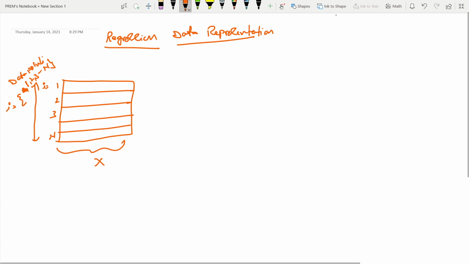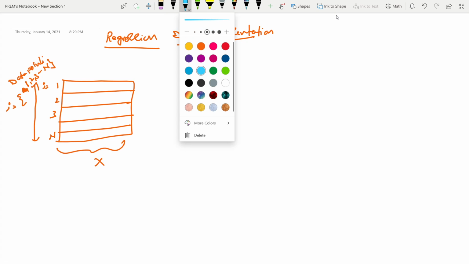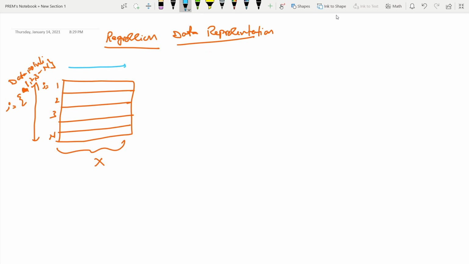And next, here I am taking the features, nothing but the columns. So here considering the j, starting from 0, 1, 2 up to m. So i means number of observations.